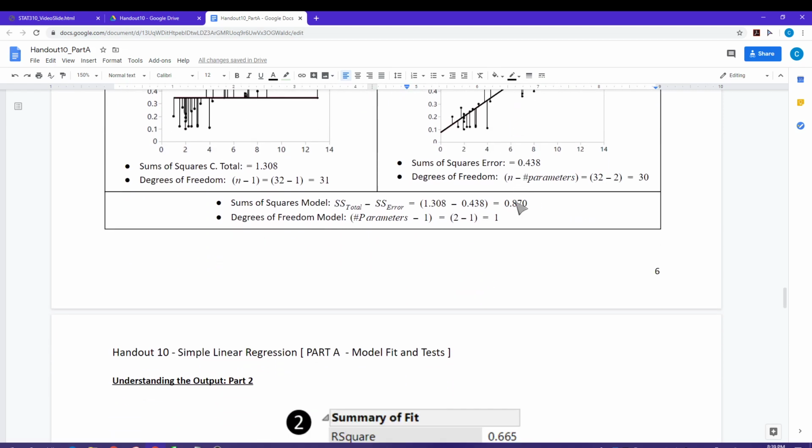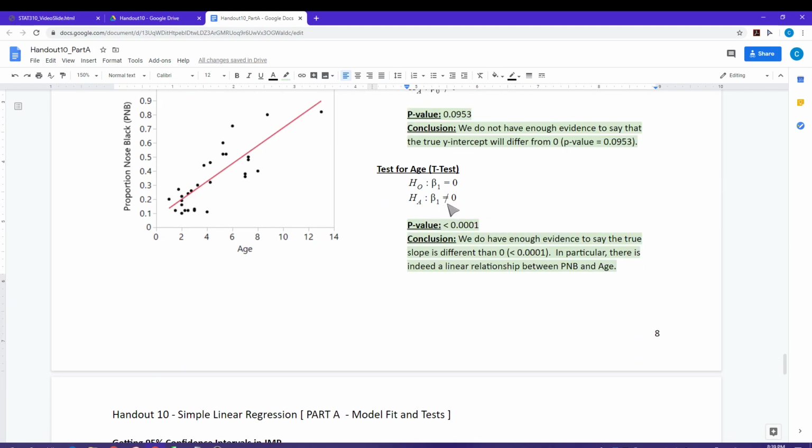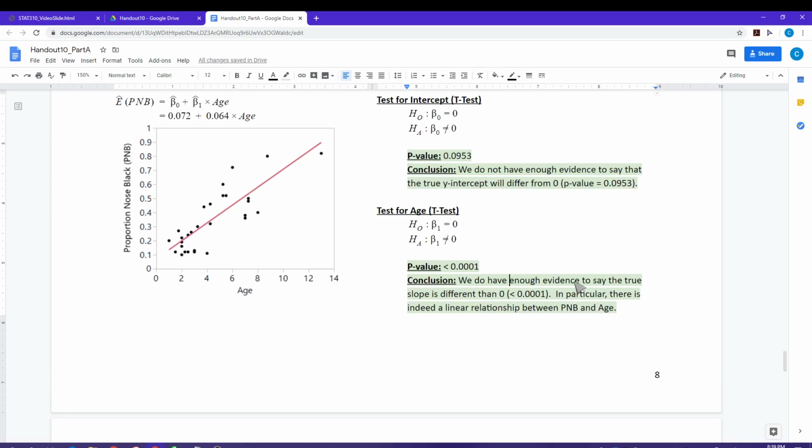That implies that the slope is not going to be flat, that there's indeed something going on between the age and proportion nose black. So this test here is just a reiteration of the overall test. Now that's only true when you have simple linear regression, when there's only one x variable in your model.